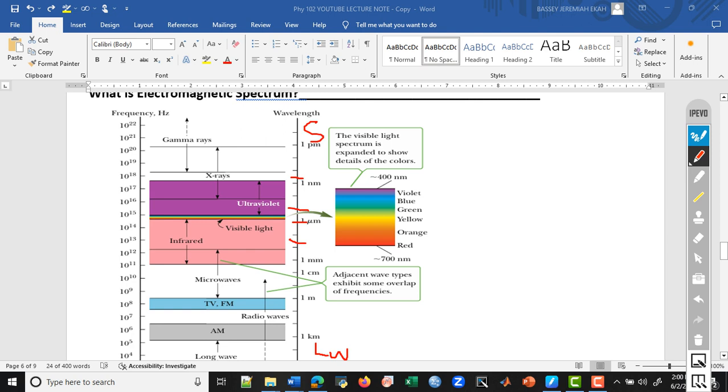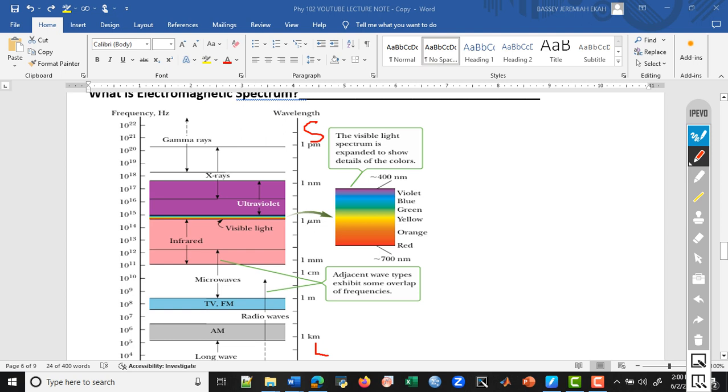So that's how it operates. We have the gamma ray with a short wavelength, followed by X-ray, followed by UV ray. As it is coming down, the wavelength is increasing.